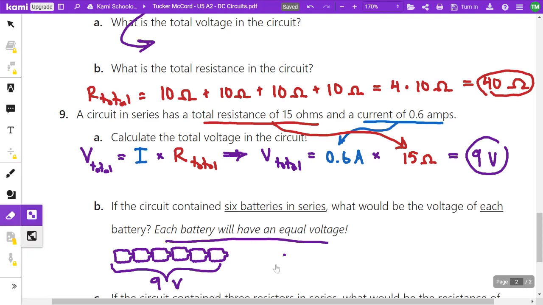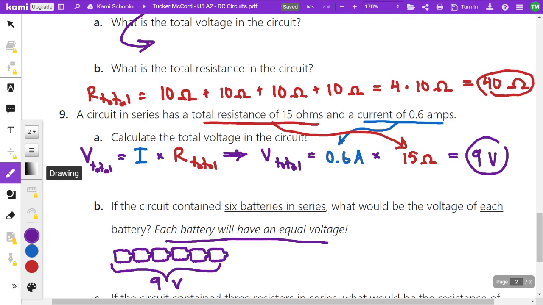So if I want to figure out the voltage on just one of these, all I have to do is take that 9 volts total, divide it by how many batteries I have. 6 batteries.